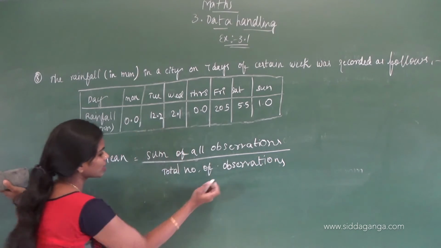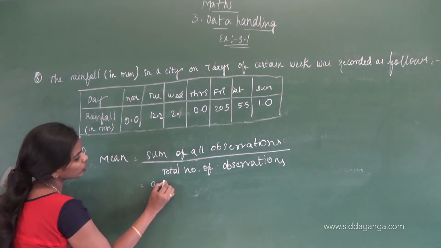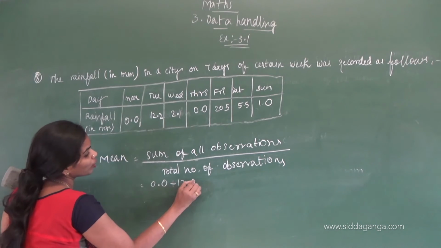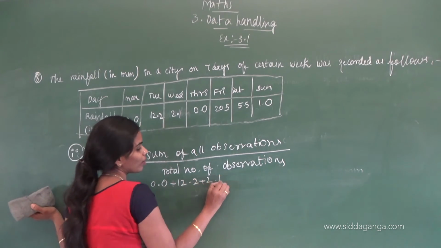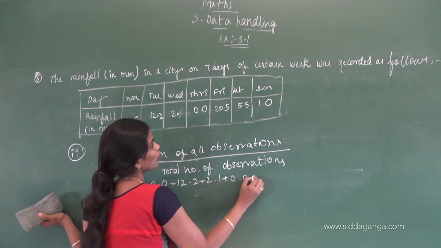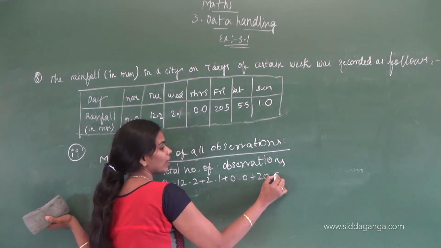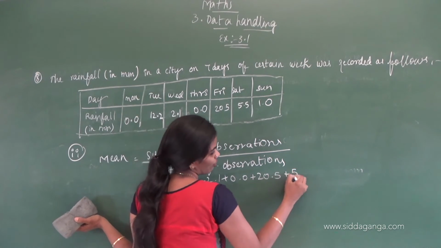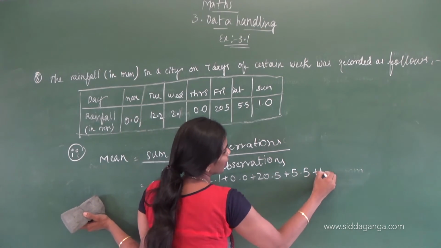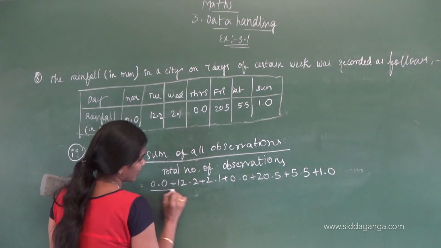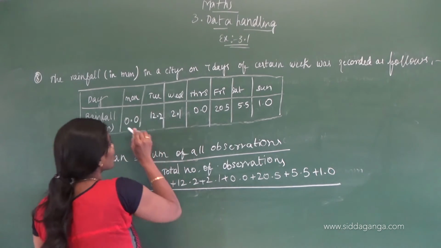Sum is 0.0 plus 12.2 plus 2.1 plus 0.0 plus 20.5 plus 5.5 plus 1.0 divided by 7. How many observations are there?